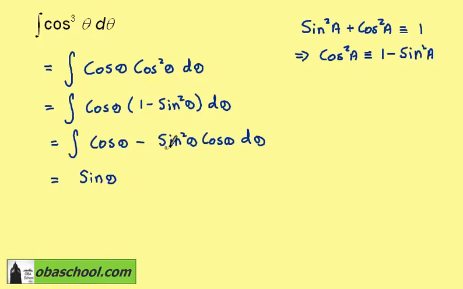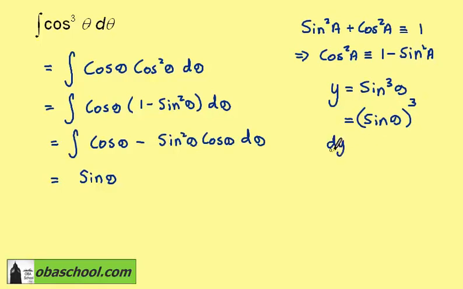Now consider sine squared theta cos theta. Let y be equal to sine cubed theta. Remember, this is a way of writing sine theta all cubed.